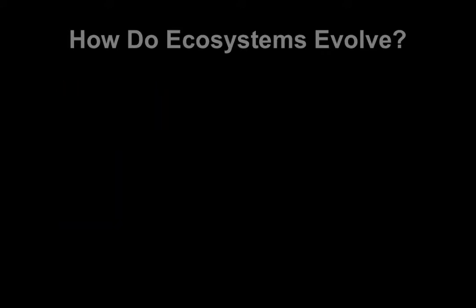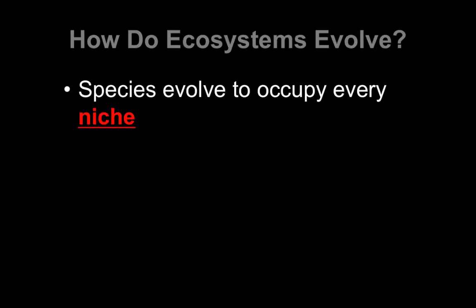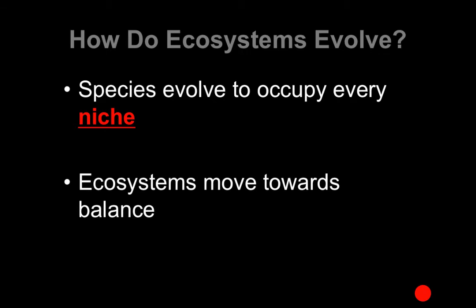Now, ecosystems evolve to where there is a species that occupies every niche. So if there are open niches, then a species will evolve to fill that. And this results in ecosystems moving towards balance. In other words, if every niche is filled, the ecosystem is in balance.